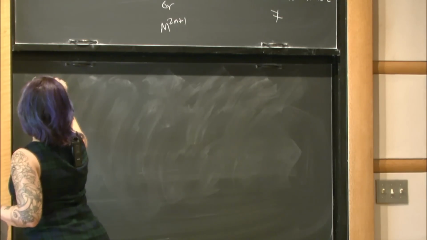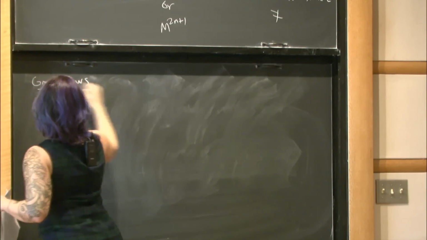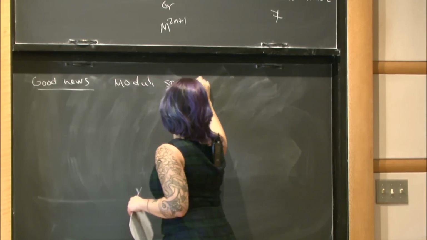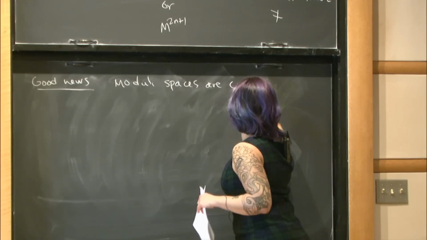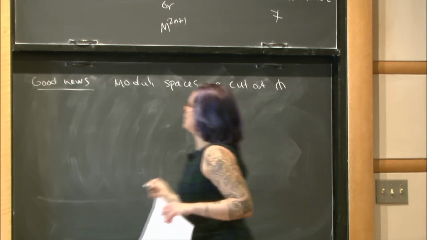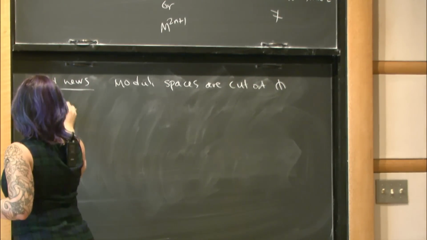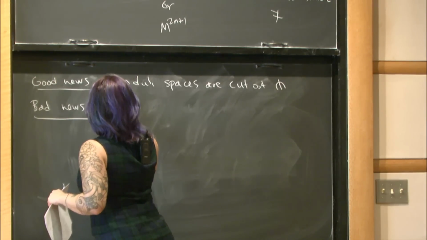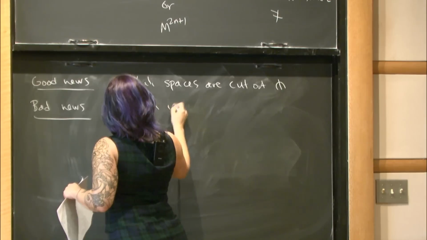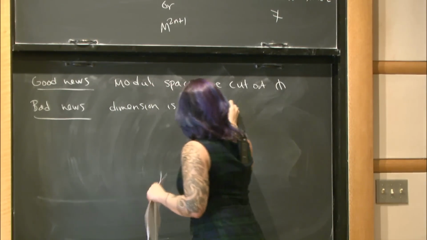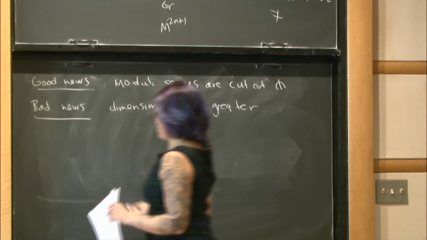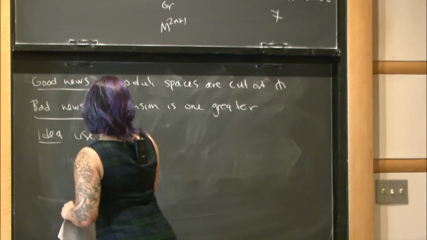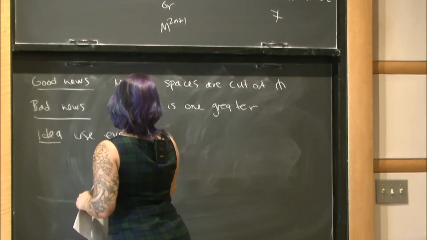The good news is that my moduli spaces are cut out transversely. The bad news is that the dimension is 1 greater. So the idea is to use evaluation maps to cut down the dimension.